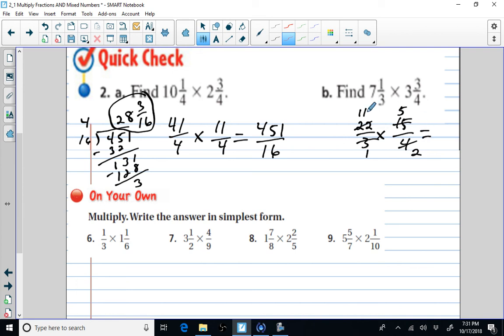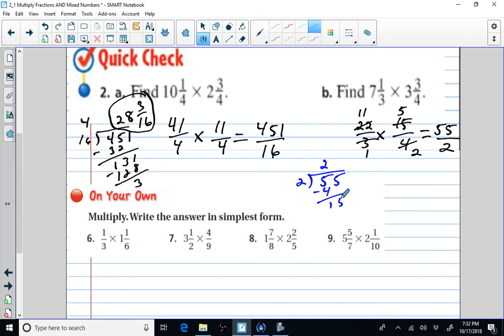Now I can multiply numerator times numerator. 11 times 5 is 55. Denominator times denominator, 1 times 2 is 2. 55 over 2 I know is a fraction in simplest form, but I want to rewrite that as a mixed number. I divide 2 into 55. 2 goes into 5 2 times. 2 times 2 is 4.